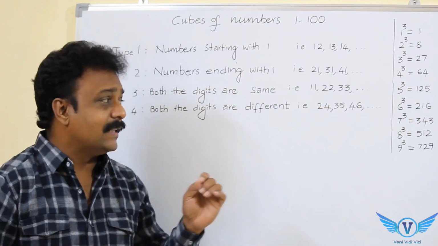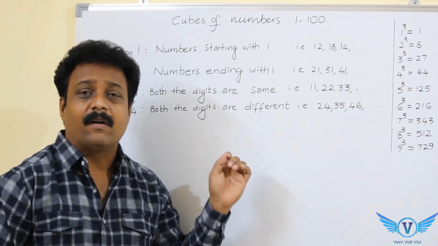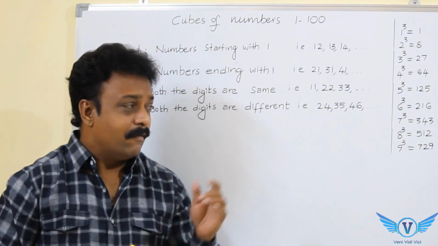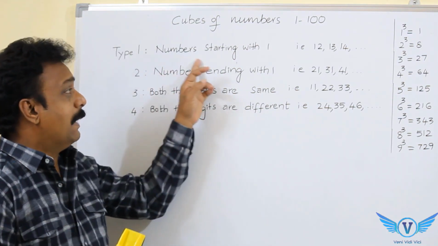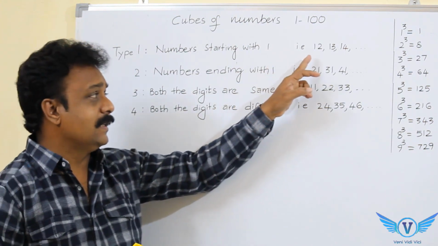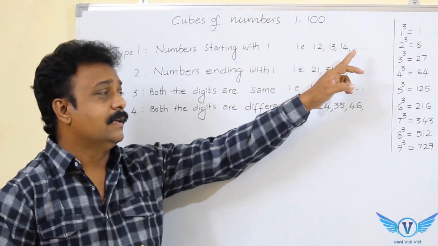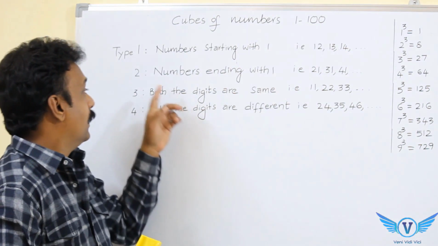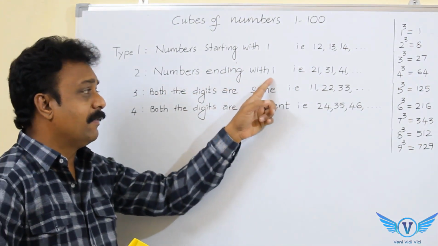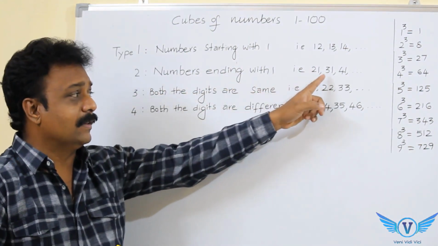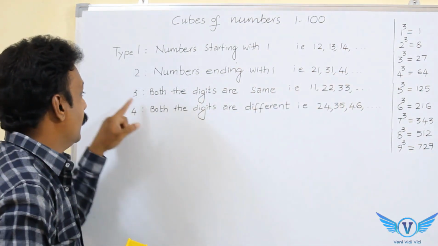We will divide the numbers into 4 types for our convenience. Type 1, numbers starting with 1, that is 12, 13, 14 and so on. Type 2, numbers ending with 1, that is 21, 31, 41 and so on.